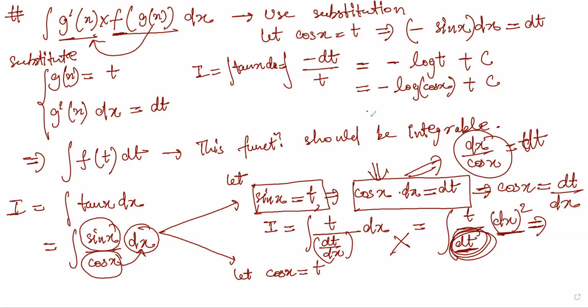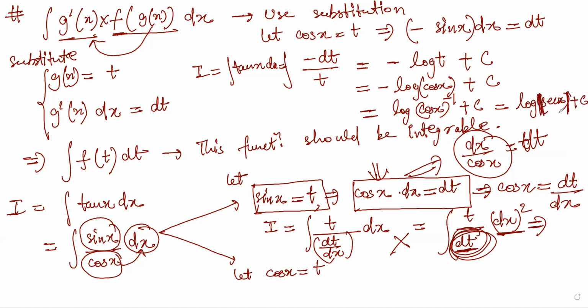You can apply the properties of logarithm to take this minus inside, which would become log of cos x to the power minus 1 plus c. Cos x to the power minus 1 is nothing but 1 upon cos x, which is sec x. So it is log of sec x plus c.